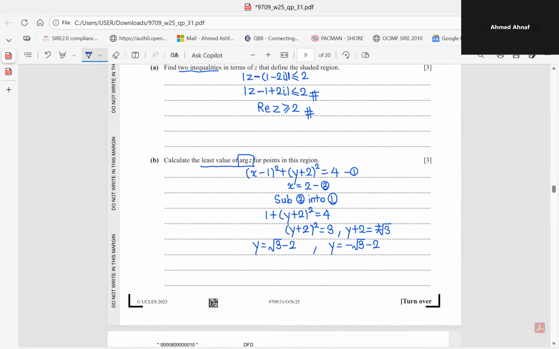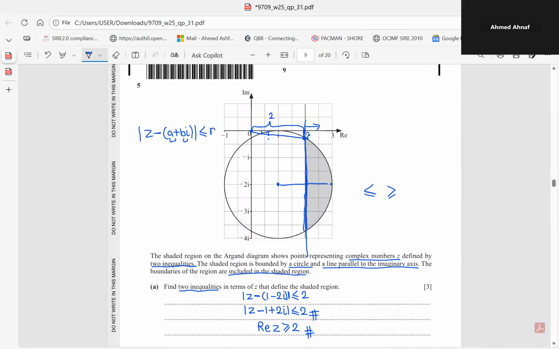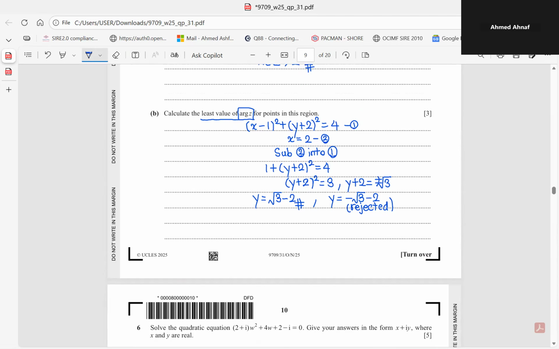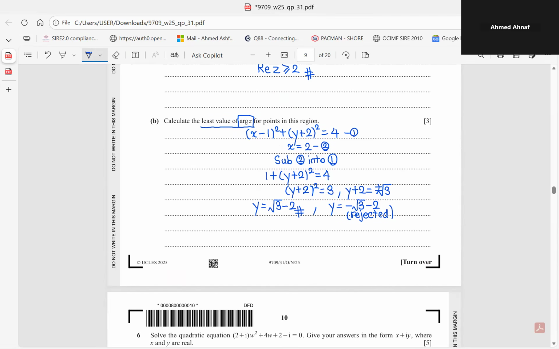This one is negative 0.26, and this is negative 3.7, so we're going to reject this one. This would be our y value, and hence this would be the height. The modulus of this would be the height, of course.